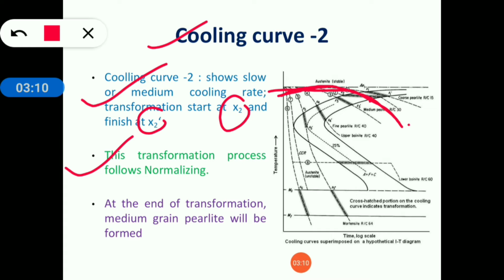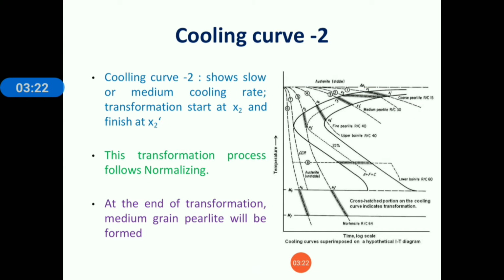In the first cooling curve it cools down in the furnace, in the second curve it cools down in the medium of air. That's why the transformation process follows normalizing, and at the end of the transformation medium grain pearlite will be formed.